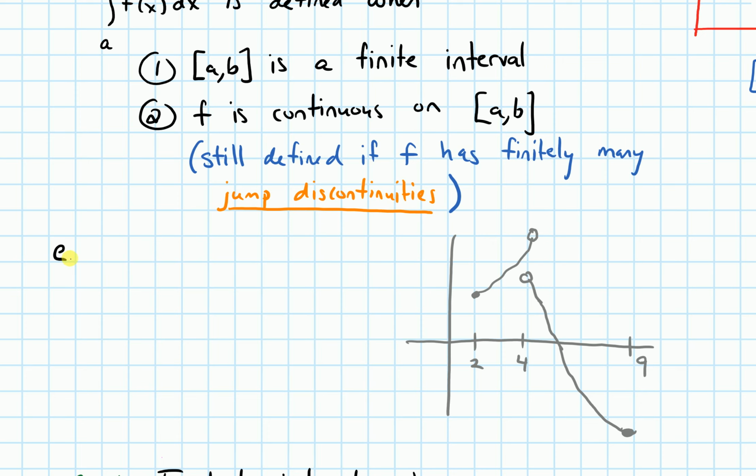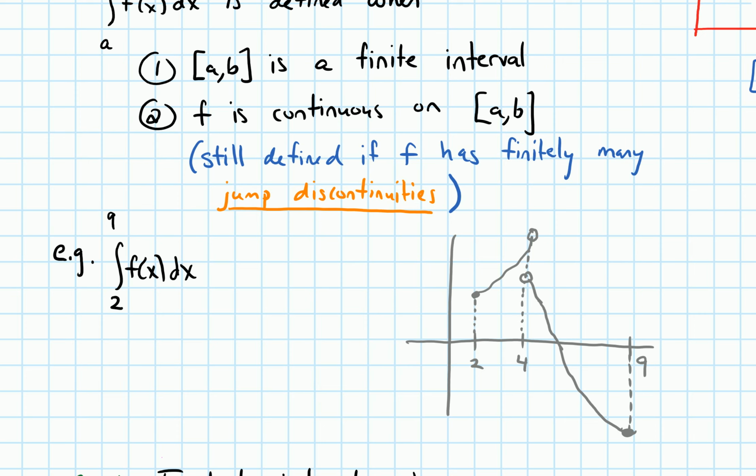So for example, let's say I wanted to evaluate the integral from 2 to 9 of this function, f of x dx. I could split this up into areas, positive and negative ones. First, I'll put a boundary at 2 and a boundary at 9, because those are the endpoints of my interval. And where this jump discontinuity happens, I'm also going to draw a dashed line. That divides this region into subregions.